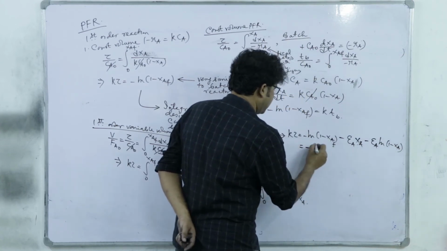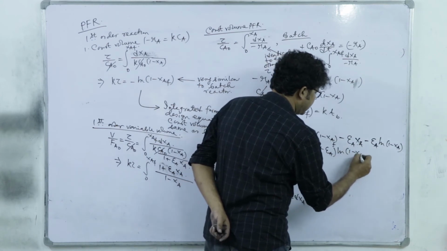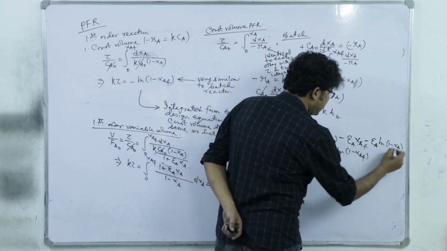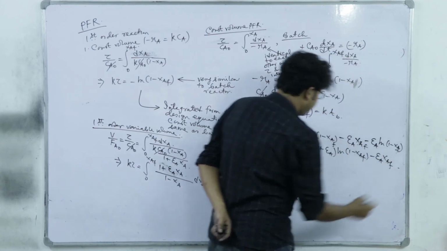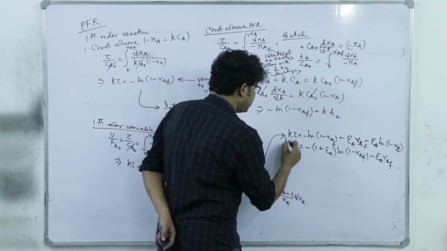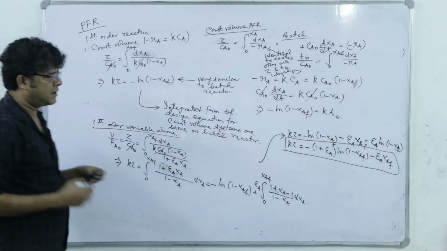So it is minus of 1 plus epsilon A ln 1 minus Xaf minus epsilon A Xaf, and that is K tau. So that is the integrated form for first order variable volume reaction.